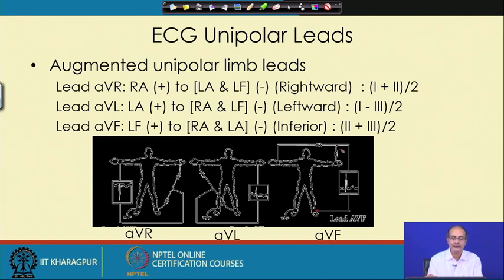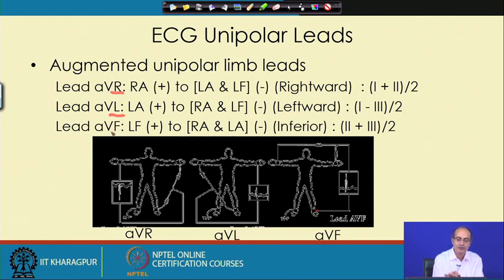Let us look first at how the nomenclature is done. AVR stands for the connection where the unipolar lead is connected to the right arm. So, R is taken. The next one, AVL, is where the unipolar lead is connected to the left arm, and we know that out of the two legs, the ECG is taken only from the left leg.